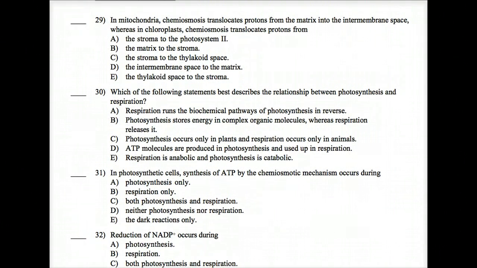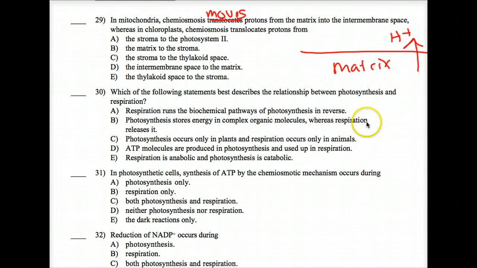29 and 30. In mitochondria, chemiosmosis translocates protons from the matrix into the inner membrane space. So I'm in the matrix and I'm going that way. Whereas in chloroplasts, we'll do that one in green. So in chemiosmosis, we've got the stroma, and then we've got the thylakoid space.